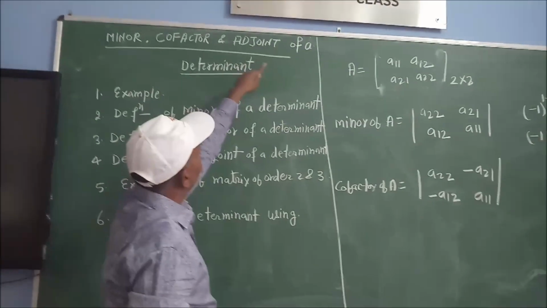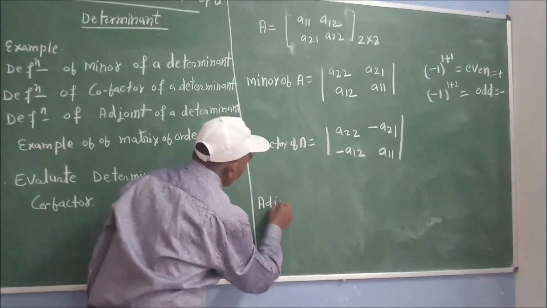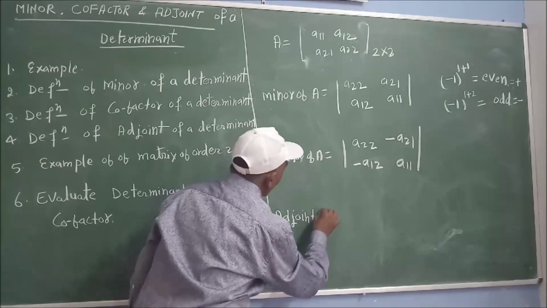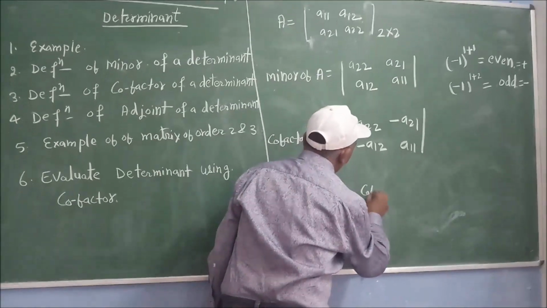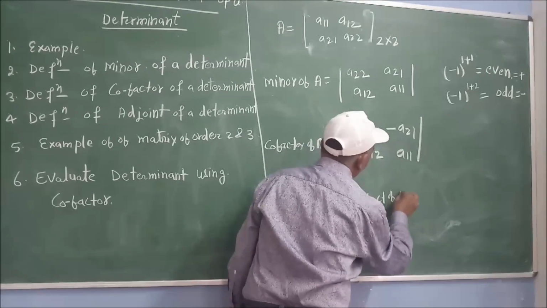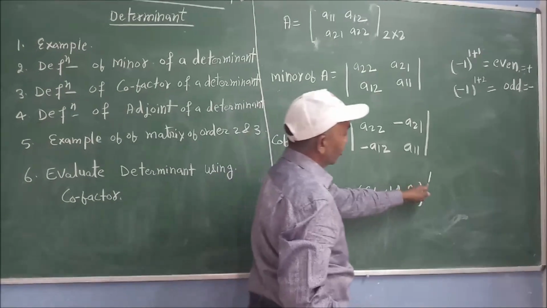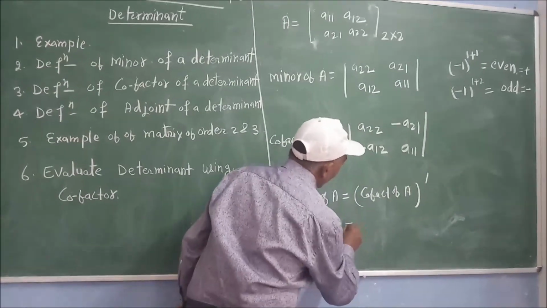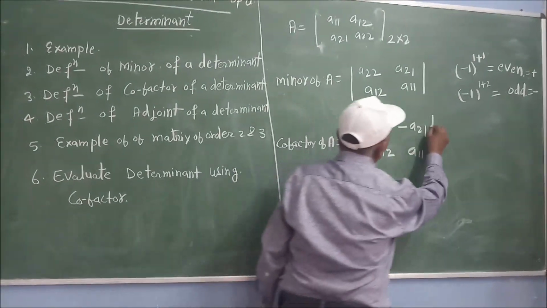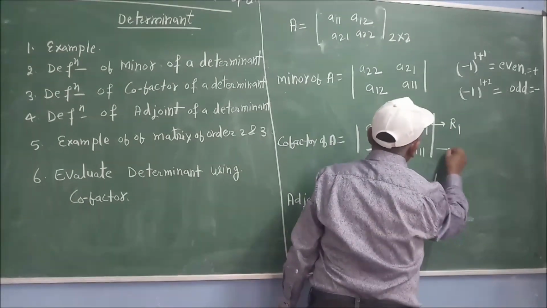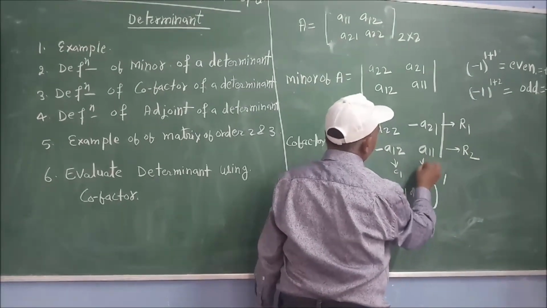Again, our third term is the adjoint of a determinant. So the adjoint of A will be equal to the transpose of the cofactor of A. You can write this as R1, R2, C1 and C2.